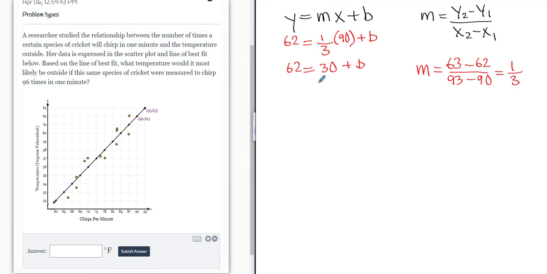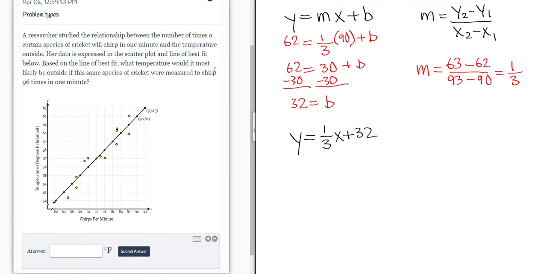And then to isolate b, I'll subtract 30 on each side. And 62 minus 30 is 32, which is equal to b. So now I have my m and now I have my b, and we can go ahead and create our equation. So our equation is y equals 1/3 x plus 32.